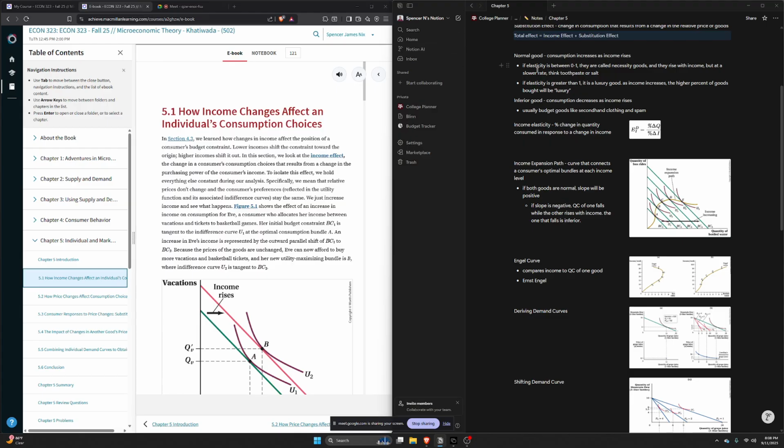And then there's this concept called elasticity. Elasticity is the tendency for the demand of a good to change based on the price of the good. For example, water.